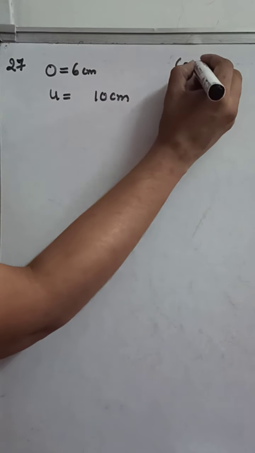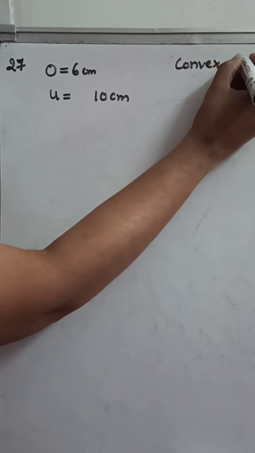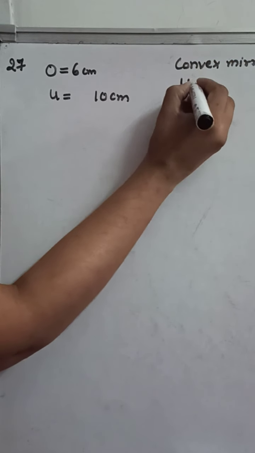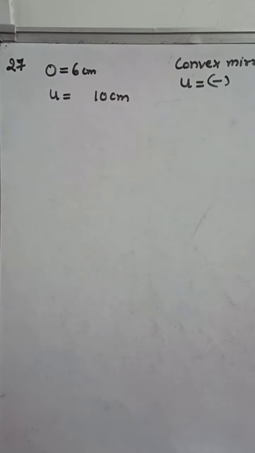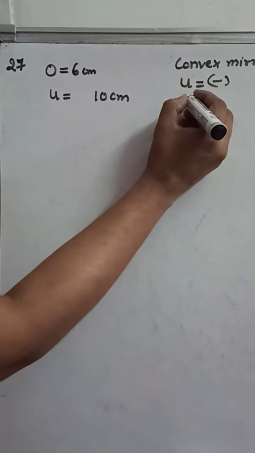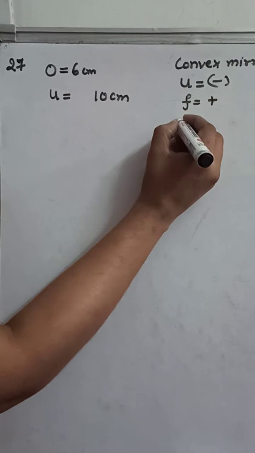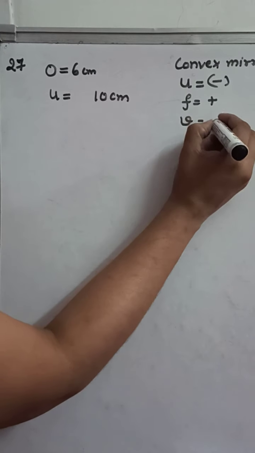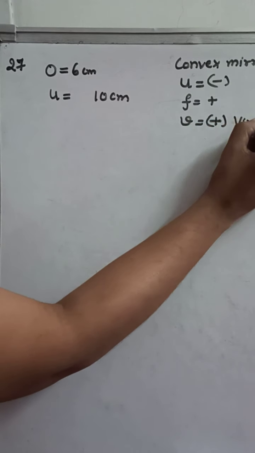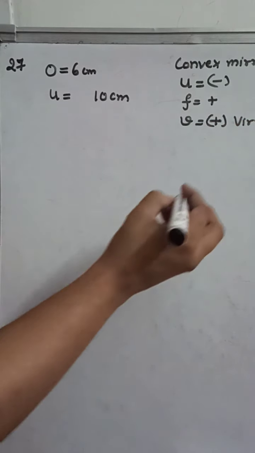Now this is a convex mirror. So let us first of all see the sign. Object distance will be negative, whether it is a convex mirror or the concave mirror. Focal length will be positive. Image distance will be positive, because convex always forms the virtual image.